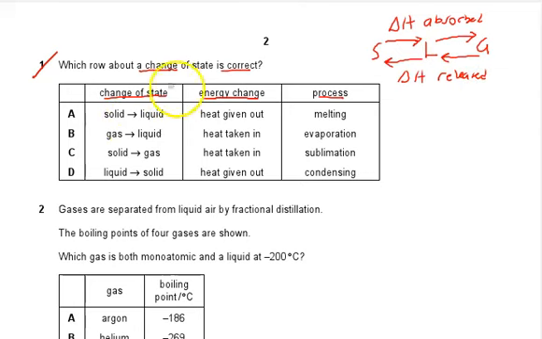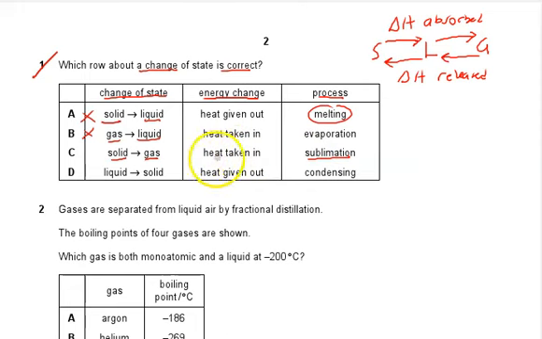Now solid to liquid, which is supposed to be melting, they wrote evaporation, so wrong. Gas to liquid is supposed to be condensation, but they wrote evaporation, so wrong. Solid to gas is sublimation and heat taken in.